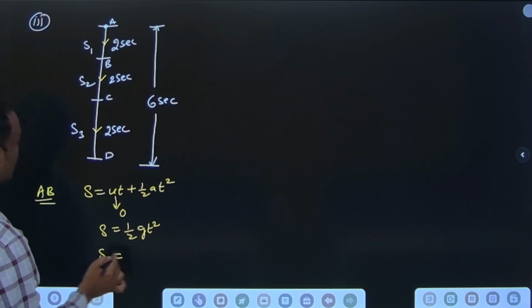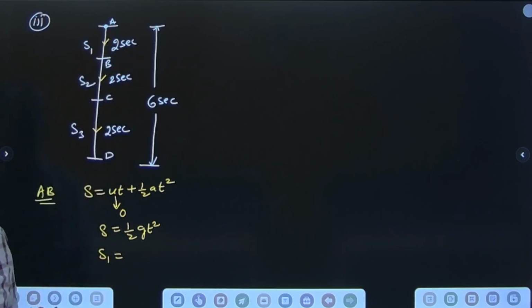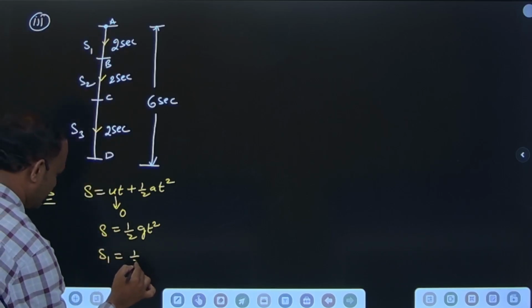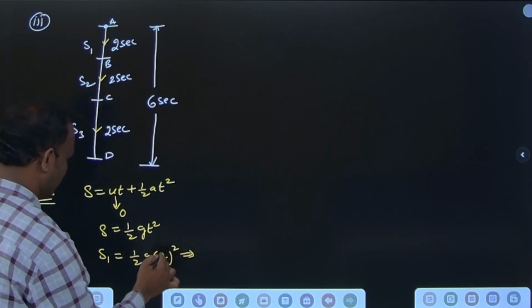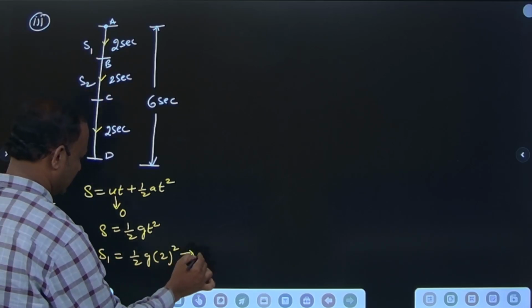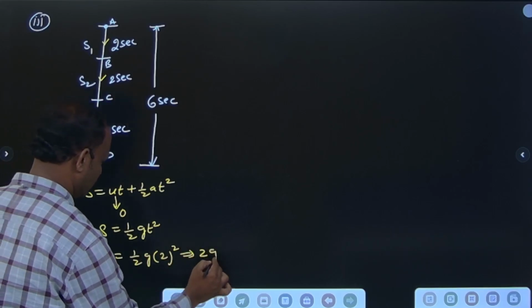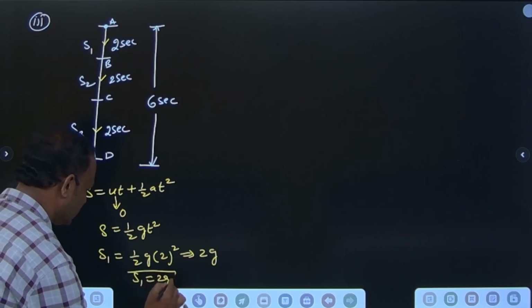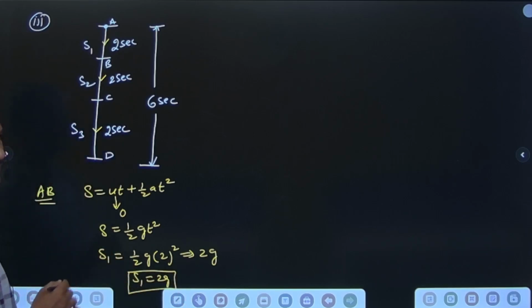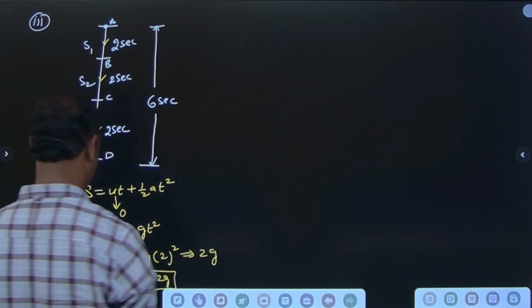S1 means for AB, half g, 2 square, which becomes 4, 2 to cancel, so it is 2g. S1 is equal to 2g is the first relation.